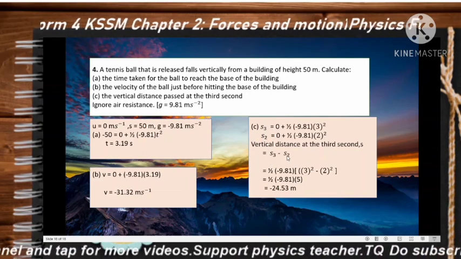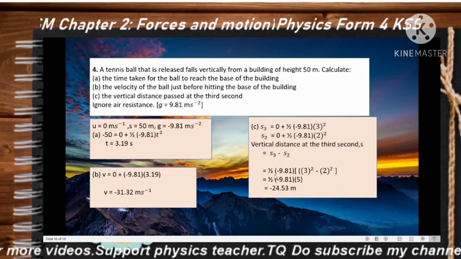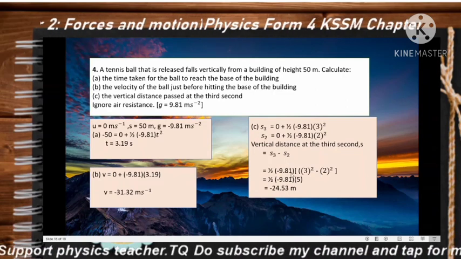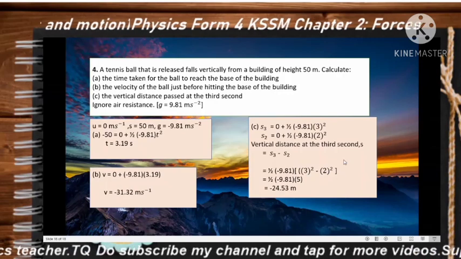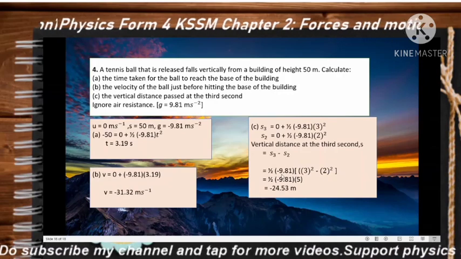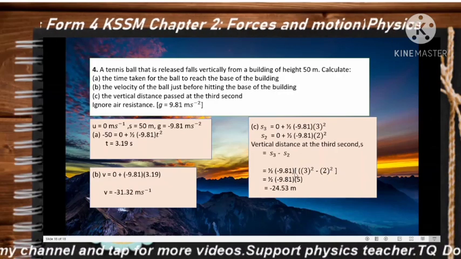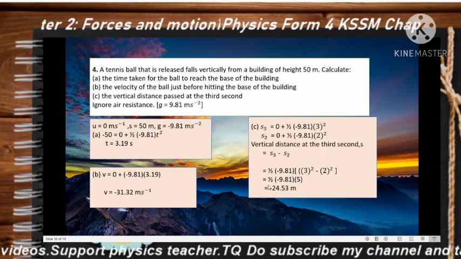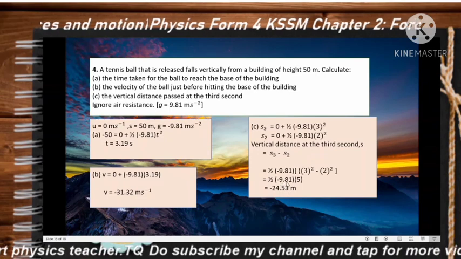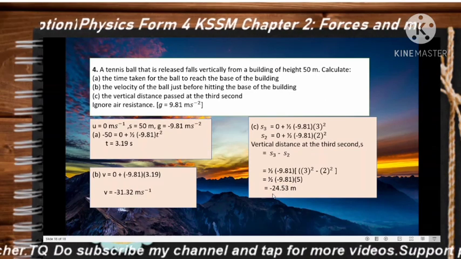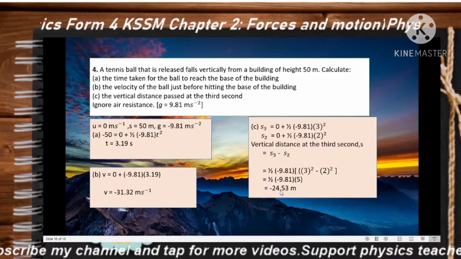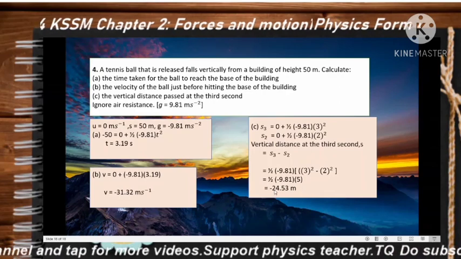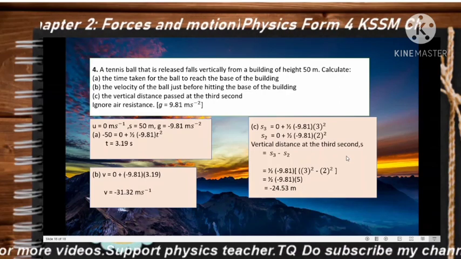So s3 minus s2, thus we get this step, half times negative 9.81 times, this is factorized mathematical operation. So we get half times negative 9.81 times 5. So we get negative 24.53, and the value is negative because the downward direction is negative.